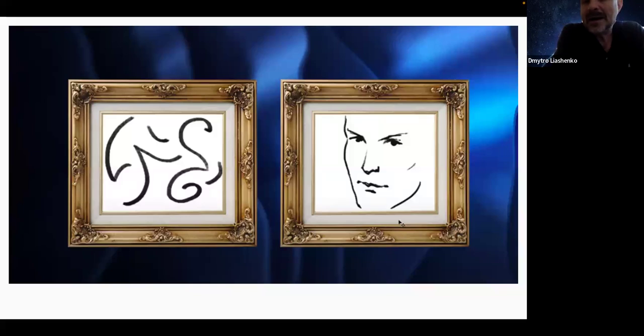During mankind evolution, we have the ability to distinguish faces and features of people.